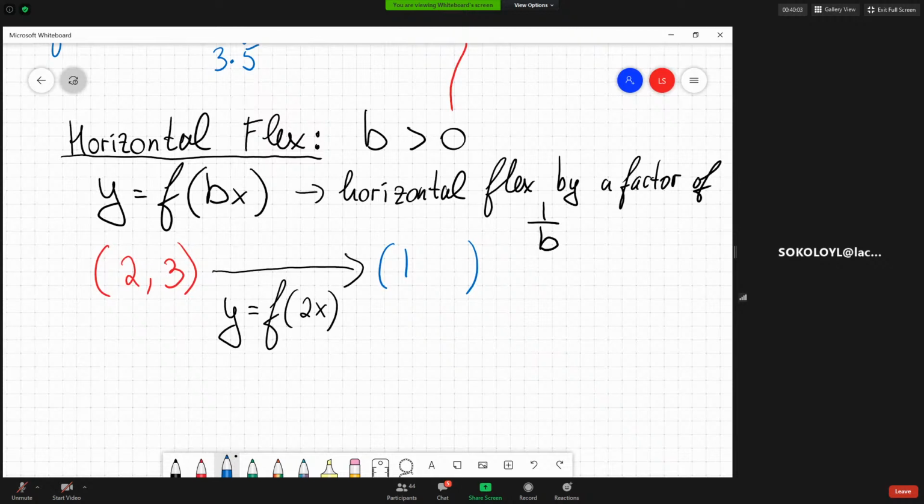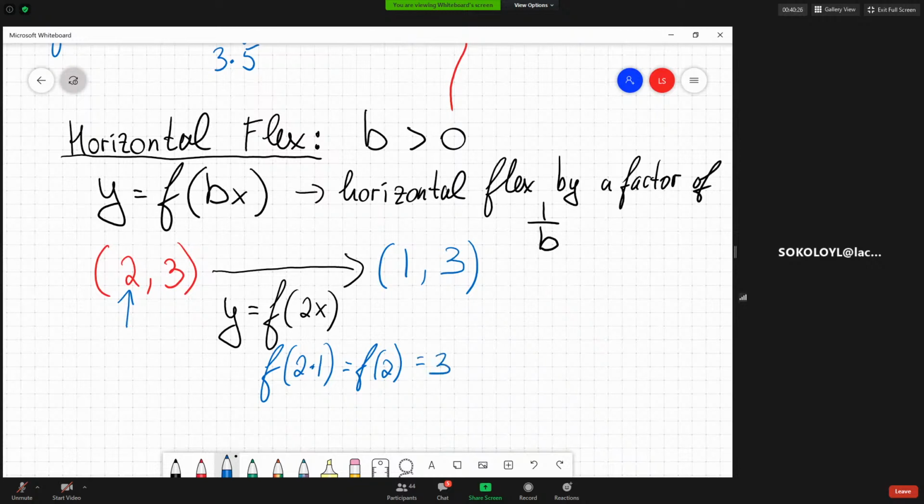Because if I plug in 1 for my x value, this would be f of 2 times 1, which would give me f of 2, and we know what f of 2 is. So I would need to plug in half of the original x value to maintain that same y value.